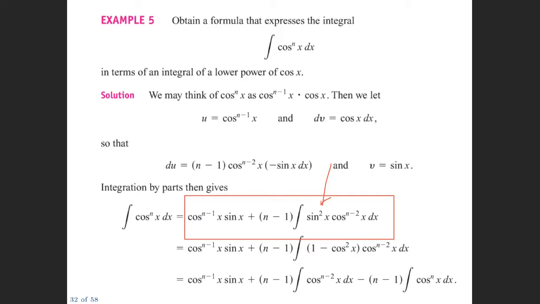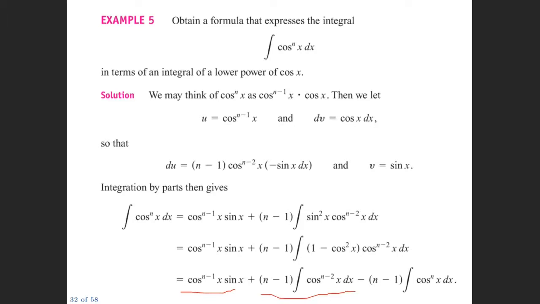We know what to do if we have a sine squared. We can replace this by 1 minus cos squared. So we have a function, that's easy. We have an integral of cos to the power n minus 2, and we have another integral of cos to the power n.